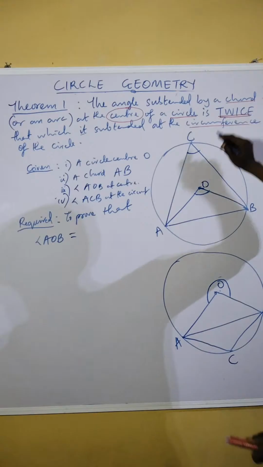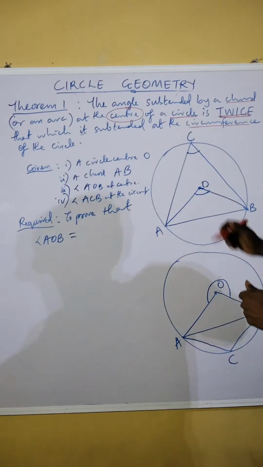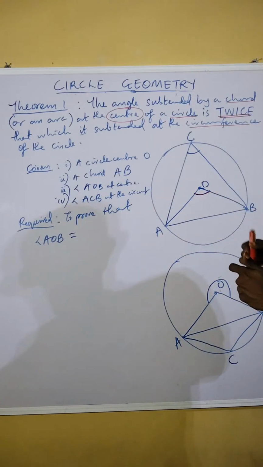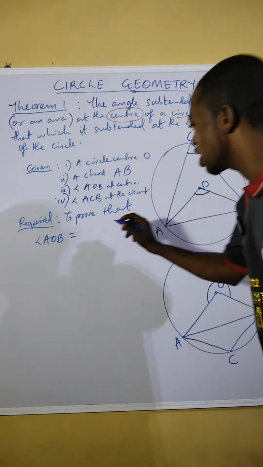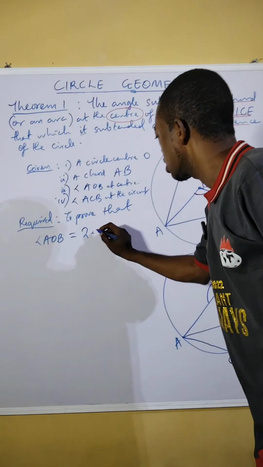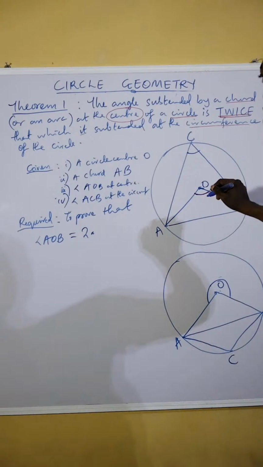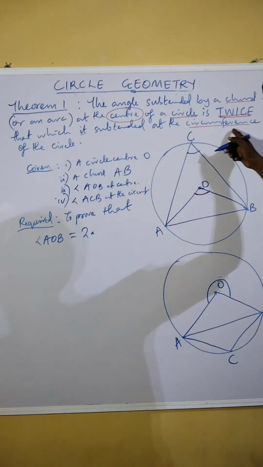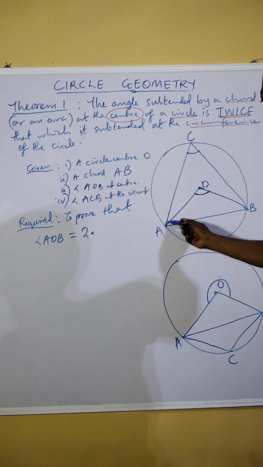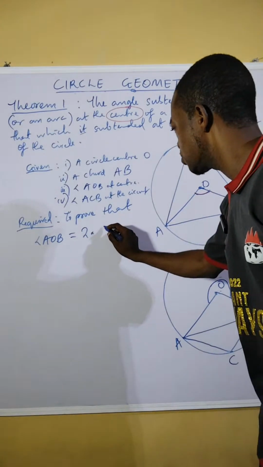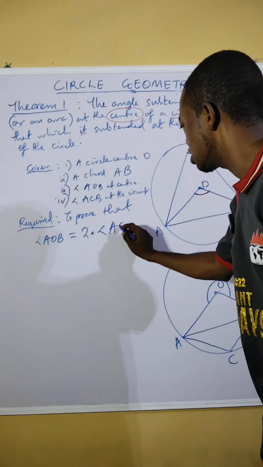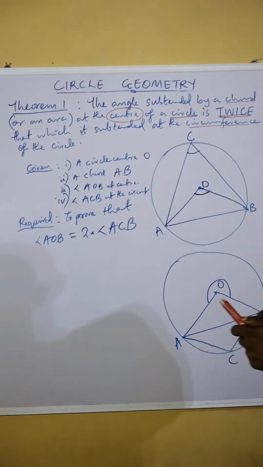Look at it, it's twice. Angle AOB here means the angle at the center. Now, twice means two times the angle at the circumference. Angle at the circumference here is ACB. So 2 times angle ACB. So that's what we have to prove.